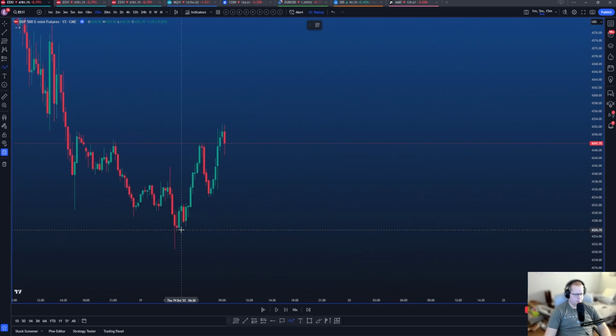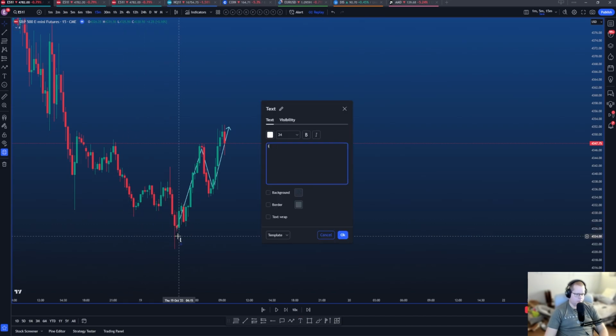So let's draw an arrow. Remember, there's a ton of noise in here, but I can just draw an arrow and say, okay, here, there, there. Okay, so what's the market structure here? If I look left, this is technically a lower low.